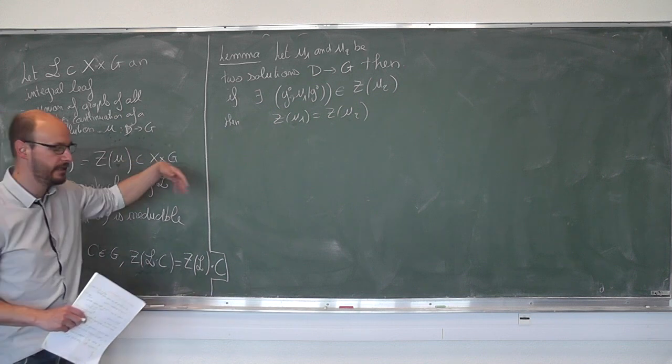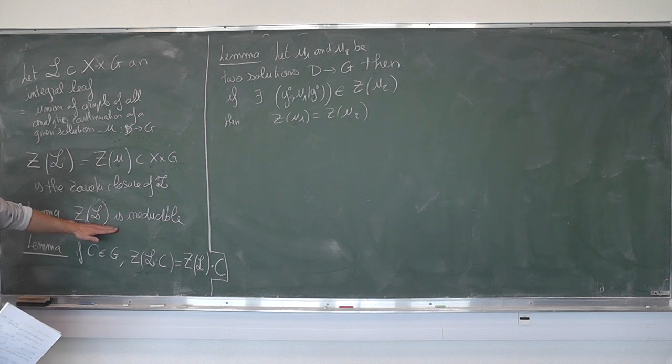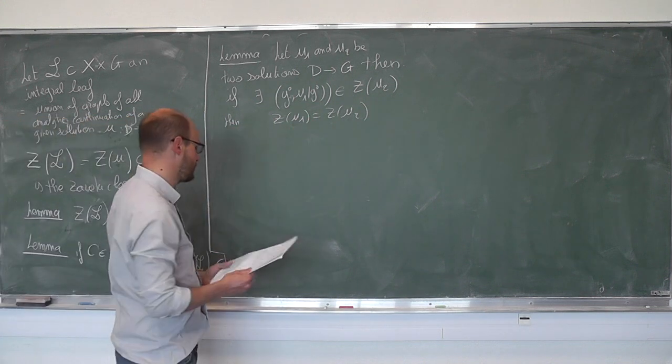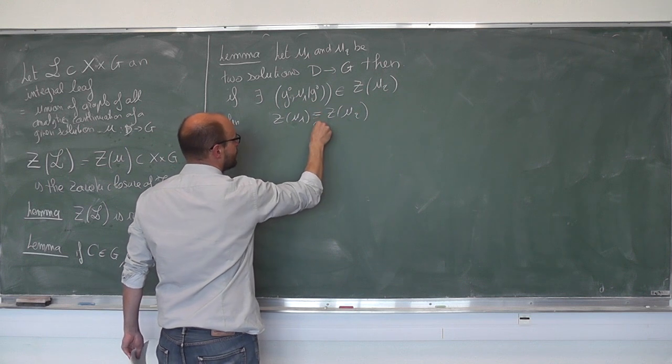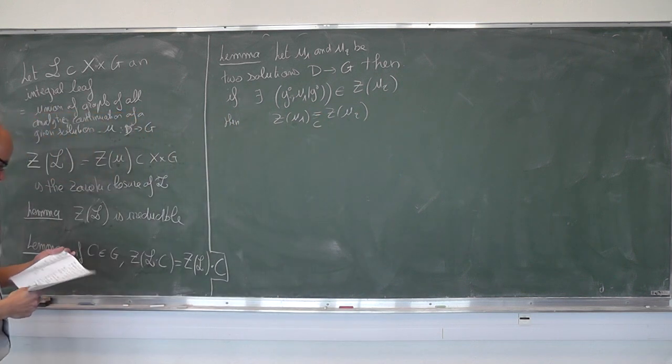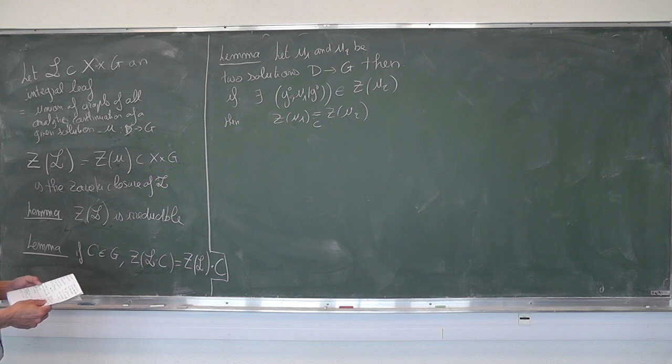So if one is included in the other with the same dimension, and they are irreducible, then they are equal. So we only need to prove the inclusion. And here is the point where we are using the full Frobenius theorem.